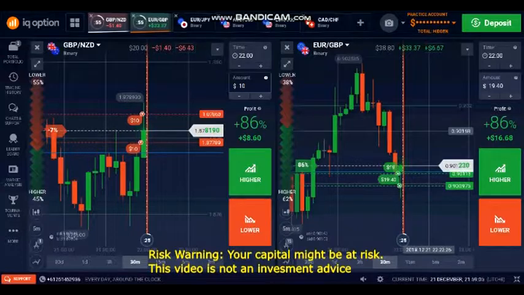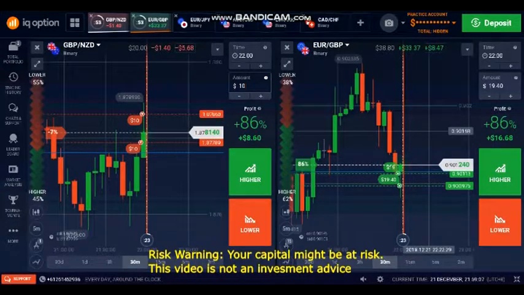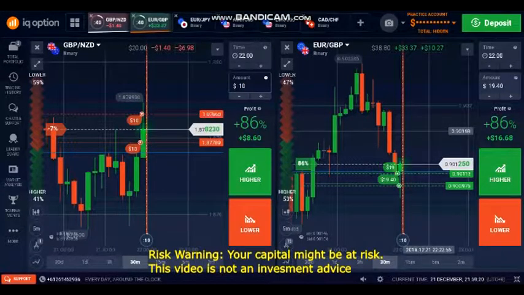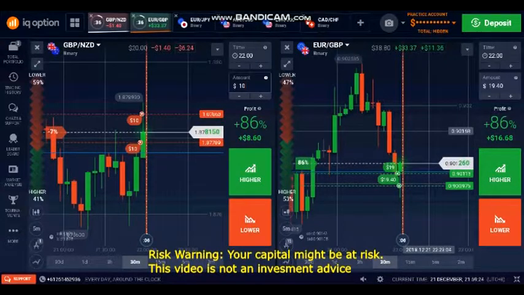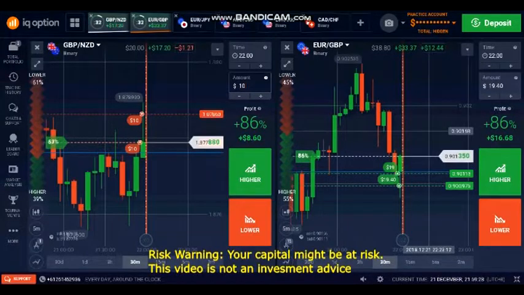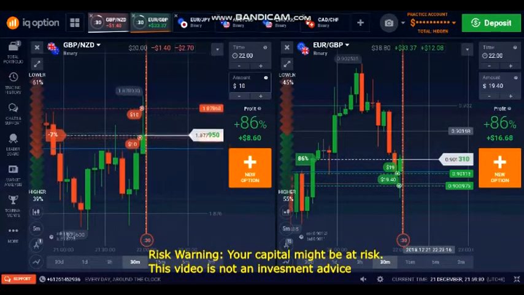Okay, it looks like Euro GBP is going for the win, and I'm pretty sure I'm going to win both the pairs, both GBP New Zealand and Euro GBP. If I win Euro GBP, I'm going to get a profit of $33.37.